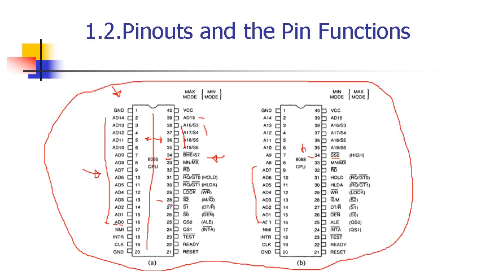In 8086, pin 28 refers to memory or I/O, high for memory and low for I/O, while the same pin in the 8088 processor does the opposite, low for I/O and high for memory. So these are three main differences in the pin configuration between 8086 and 8088.